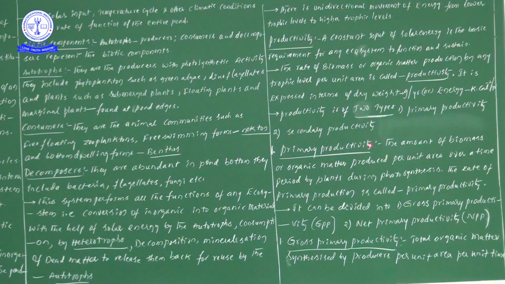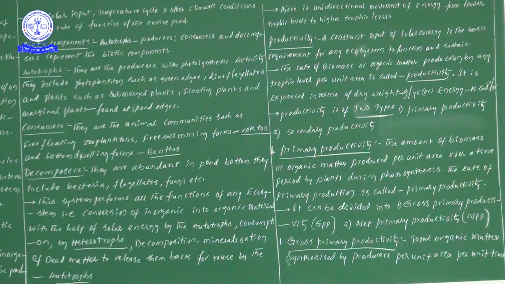Primary productivity is the amount of biomass or organic matter produced per unit area over a time period by the plants during photosynthesis. We all know very well that plants perform photosynthesis, so biomass or organic matter is produced per unit area at a particular time.